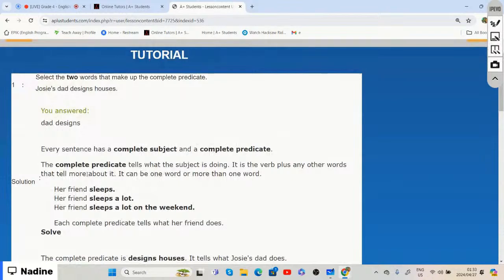A complete predicate tells us what the subject is doing.